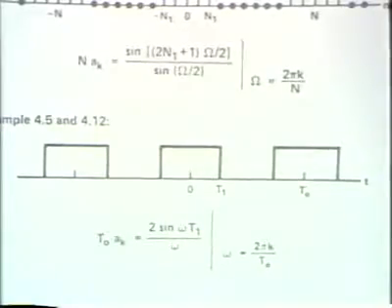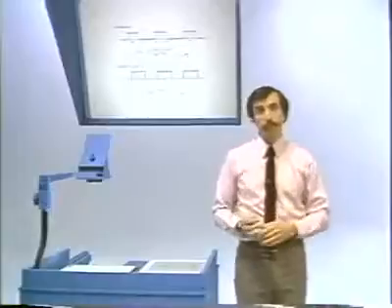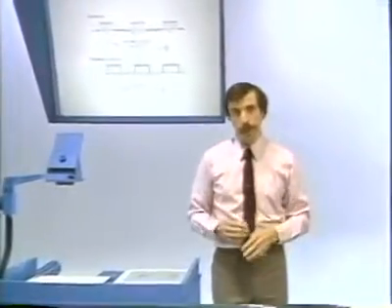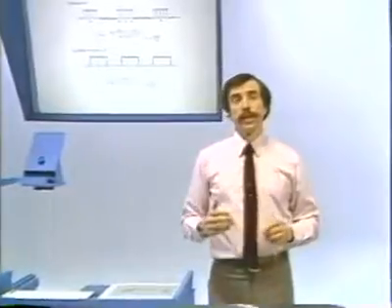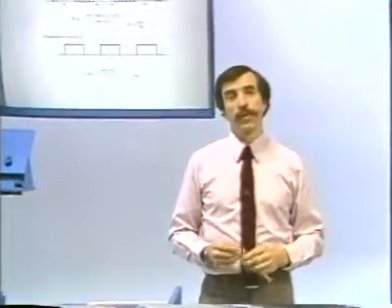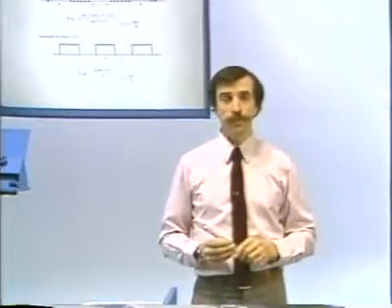Now, the sin Nx over sin x function, which is the envelope of the Fourier series coefficients for the discrete time periodic square wave, plays the role, and we'll see it very often in discrete time, that sin x over x does in continuous time.